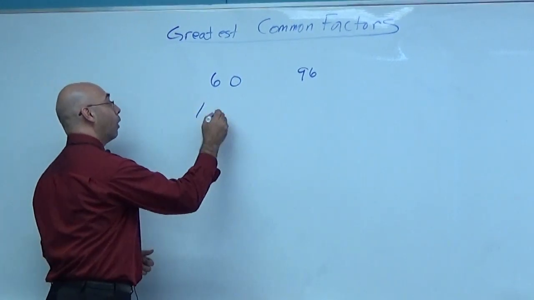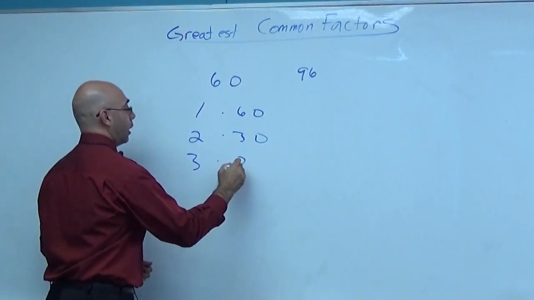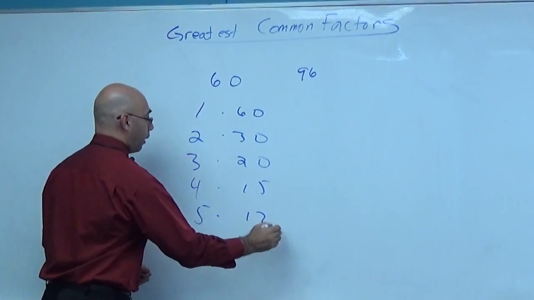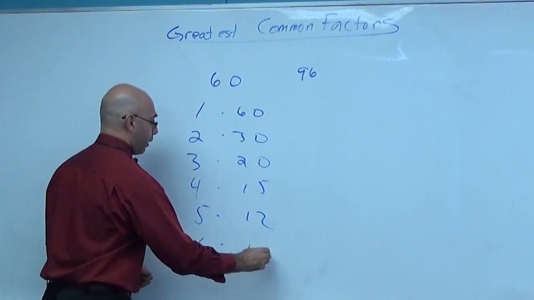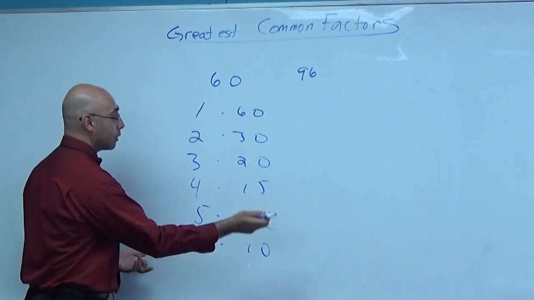The factors of 60: 1 times 60, 2 times 30, 3 times 20, 4 times 15, 5 times 12, 6 times 10, 7 times nothing, 8 times nothing, 9, and there's already 10, so I'm all set.